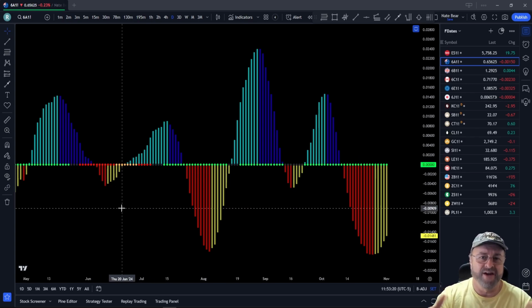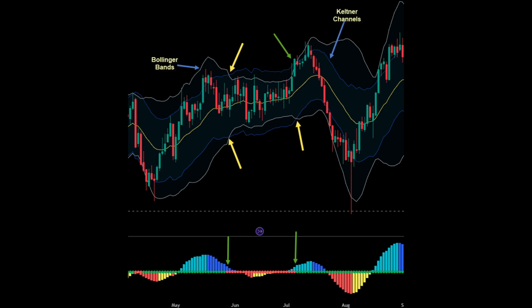And if you want the theory to it, there's a lot of information out there on TTM squeeze, but in a nutshell, it's when the Bollinger Bands compress inside of, let's say, a 1.5 average trading range Keltner band. So it would fit inside the Keltner band. That's when you know you've got a compression going on in the price action.